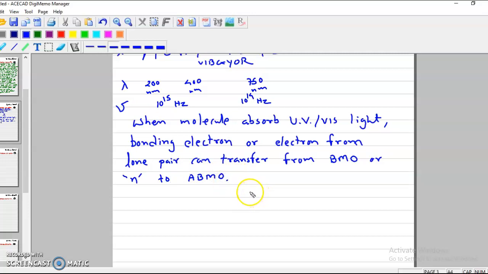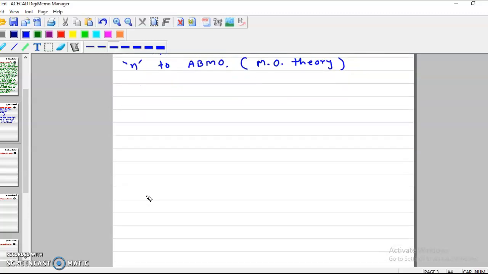Okay. So in this case, we are normally referring bonding molecular orbital, anti-bonding molecular orbital, or N orbital according to molecular orbital theory. I hope you must be knowing what is bonding molecular orbital, N orbital, and anti-bonding molecular orbital. There are mainly two types of covalent bonds.